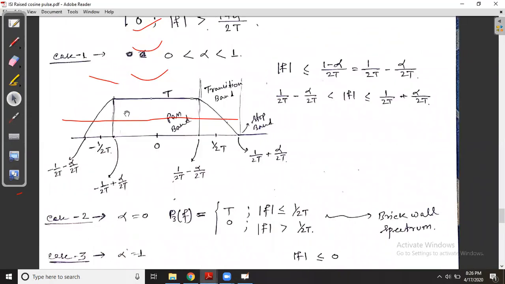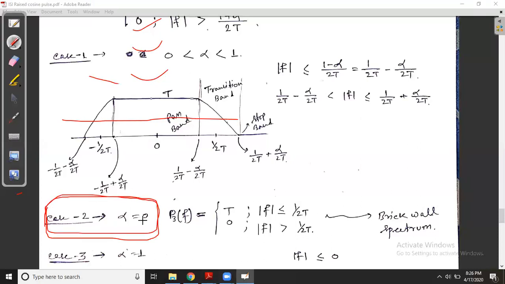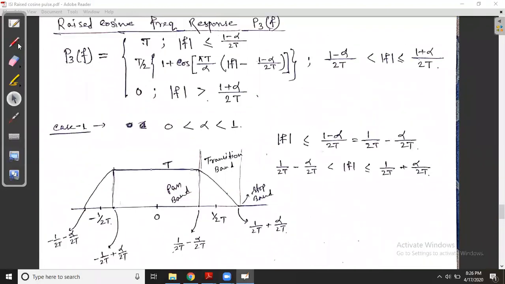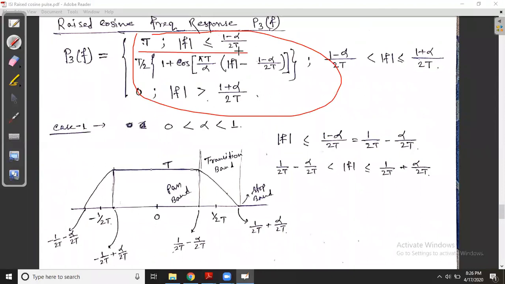Case 2 is nothing but the value of alpha is 0. We are considering in case 2 the value of alpha is 0. If you put this value of alpha in this equation, we can see that only the first case is satisfied. The frequency value will be in between 1 by 2t, plus side and minus side of the origin.